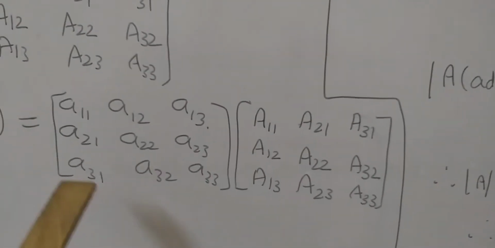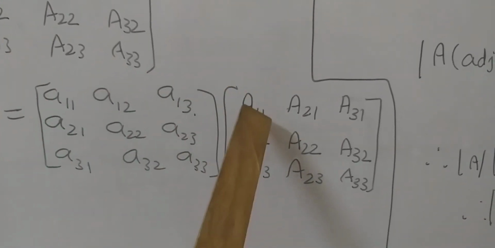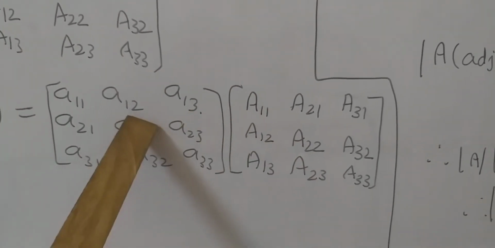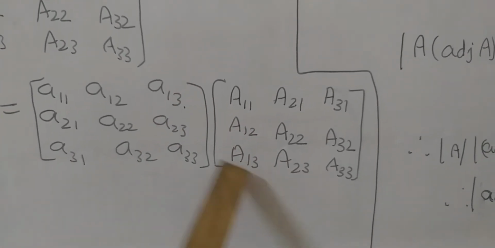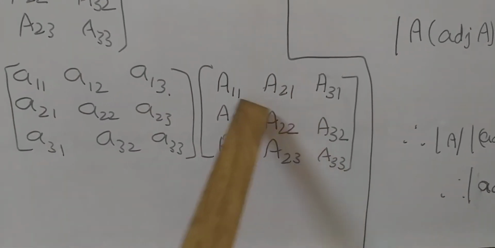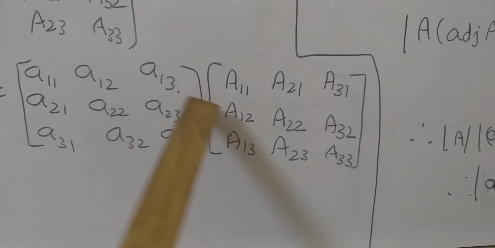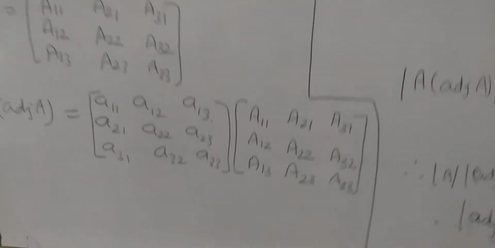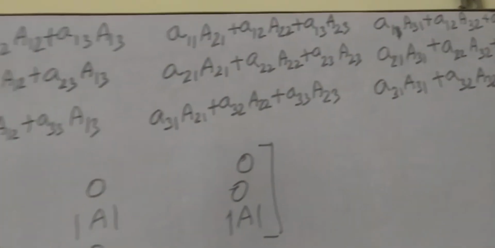Now let us multiply, students. First row multiplied by first column: a11 into A11, a12 into A12, a13 into A13. Then first row by second column: a11 into A21, a12 into A22 plus a13 into A23. You can see the multiplication here, students.